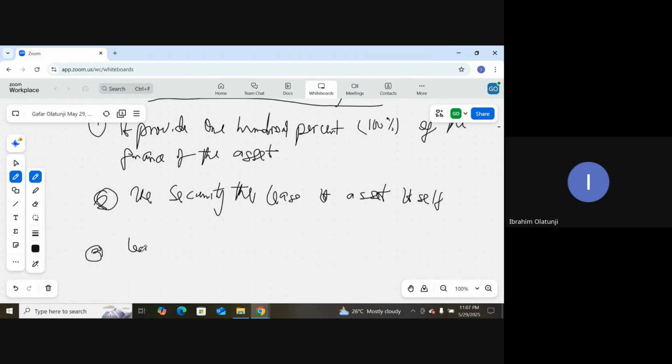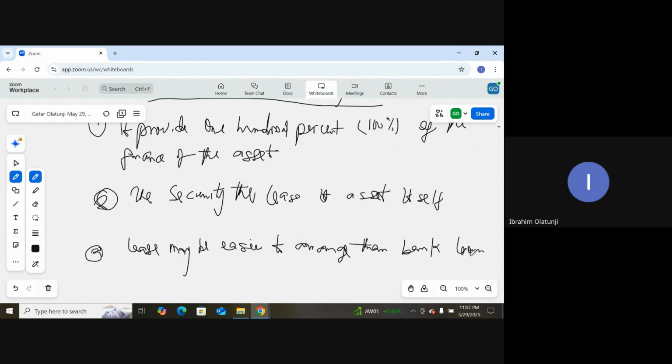Lease may be easier to arrange than bank loan.